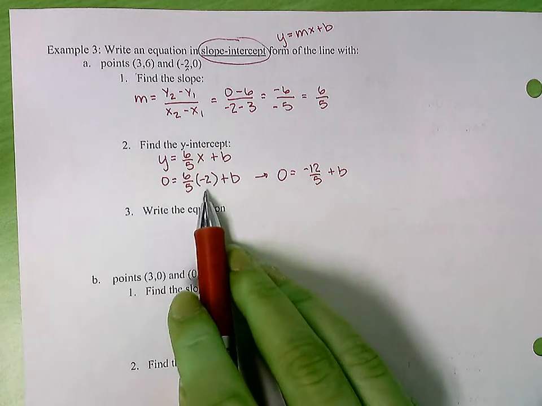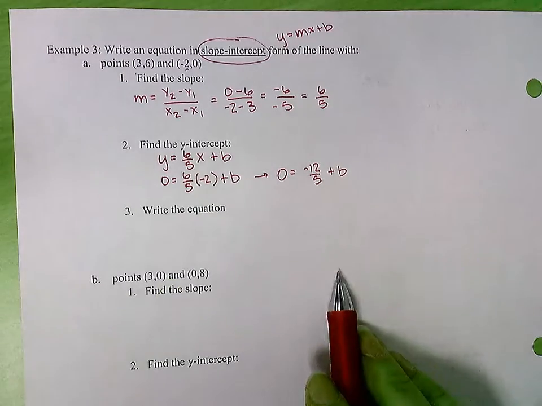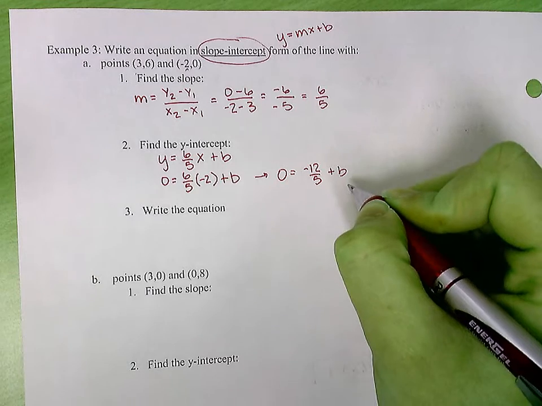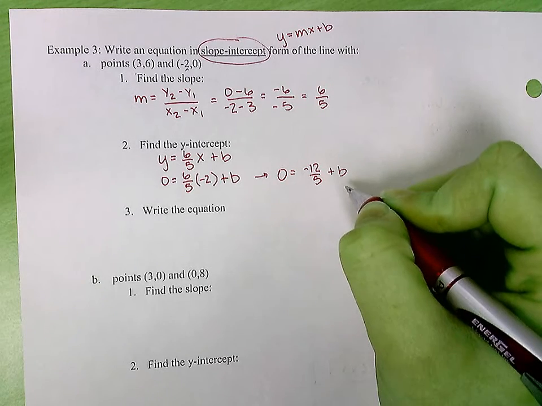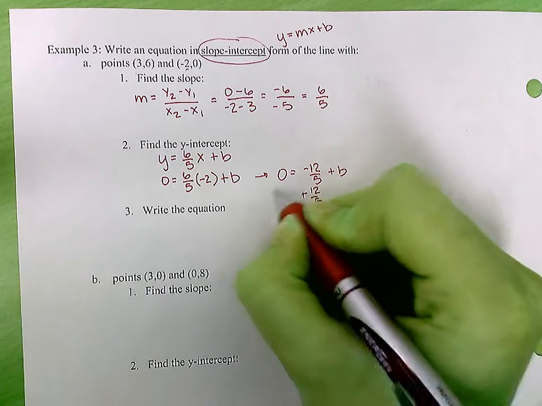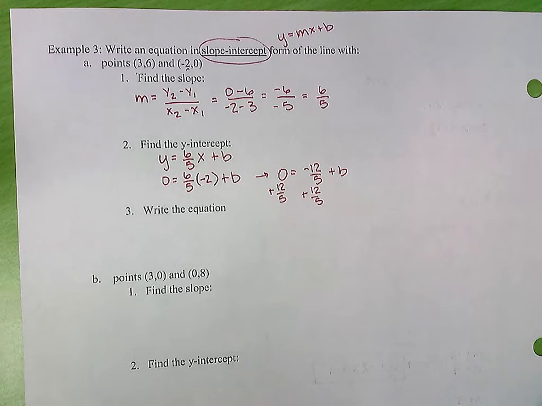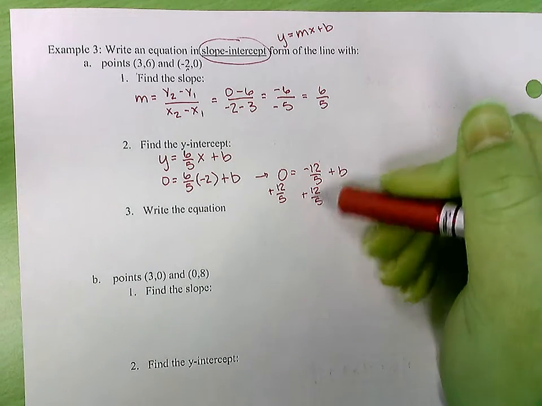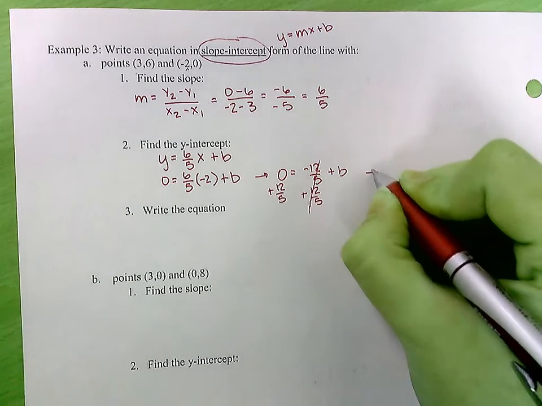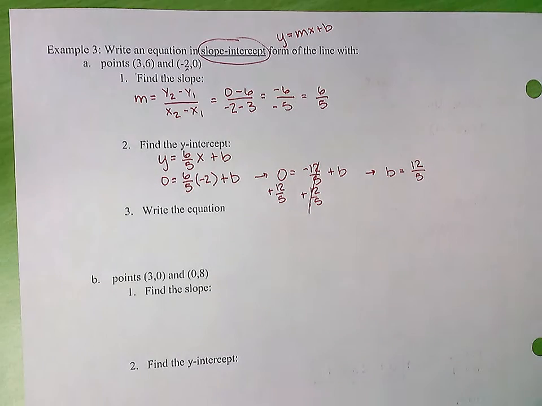When you're multiplying, you just multiply that numerator there. Now to get b by itself, what should I do? Add 12/5 to both sides. It cancels over here, so we'll have b is equal to 12/5.